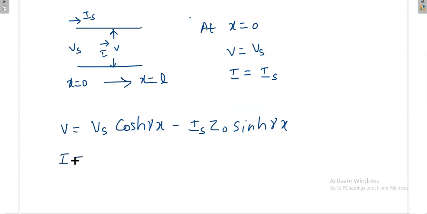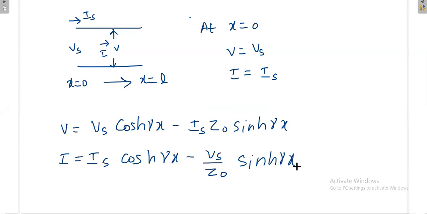Similarly for current, I equals Is cosh gamma x minus Vs divided by Z naught sinh gamma x. This is the voltage and current anywhere on the transmission line.